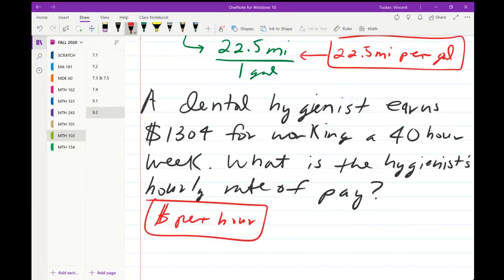So that's what you're looking for, dollars per hour. How much does he or she make per hour? So you already know that's $1,304 per 40 hours.